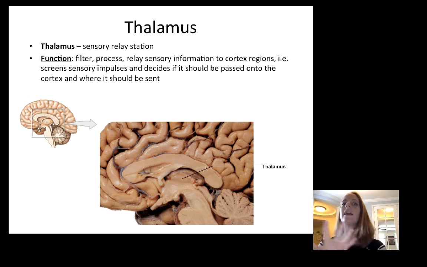So there is a lot that we are unconsciously filtering out that we don't pay attention to, because the thalamus is not sending it up to the cerebral cortex. So it is filtering, processing, and relaying sensory information to the cortical regions. It's basically screening, or it's the gatekeeper for sensory information, deciding what should be passed on to the cortex and where, what areas it should go to, visual or auditory regions of the brain.